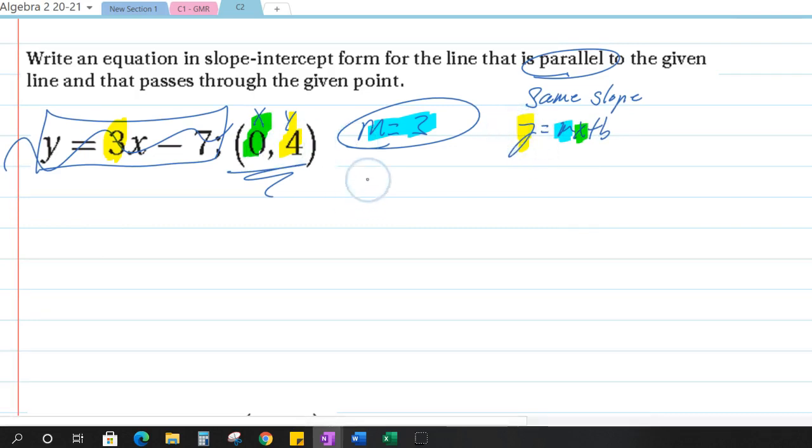So y is 4 equals m is 3, x is 0, plus b. Solve for b because that's what we're missing. 3 times 0 is 0, so that cancels out. That's nice. 4 is equal to b. Now I can write it in slope-intercept form. Y equals 3x plus b. Our b is 4.